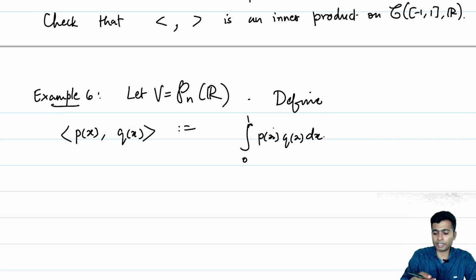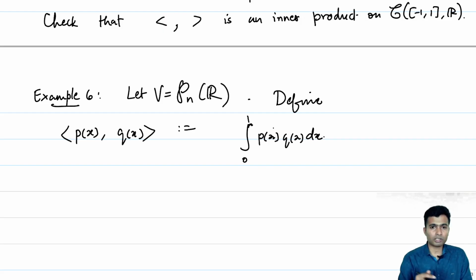And we have already checked that all the three properties are satisfied, so I will not venture too much into it. Positivity is not that straightforward, but I'll assume that once you do a real analysis course, you should be able to see the positivity of this inner product.